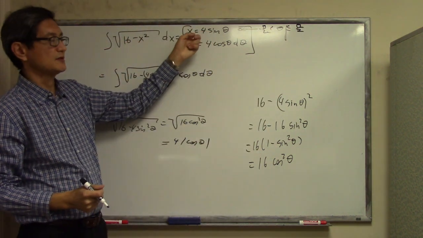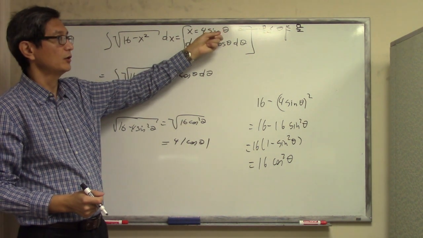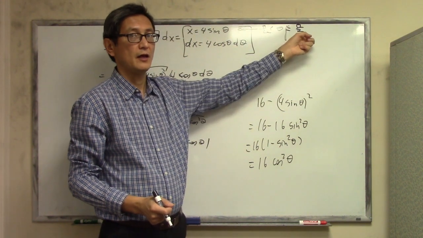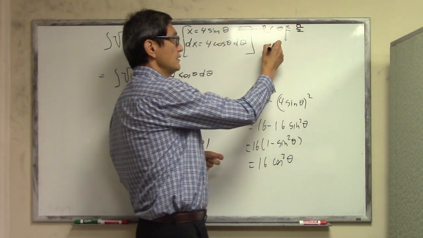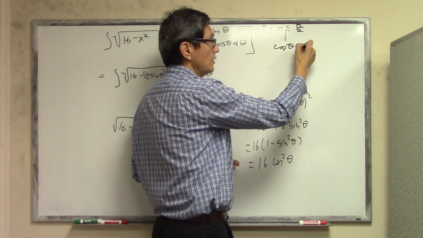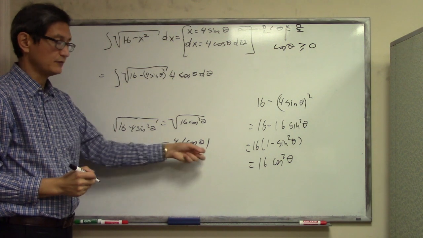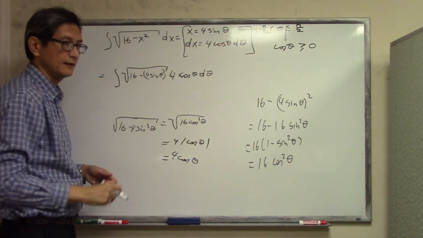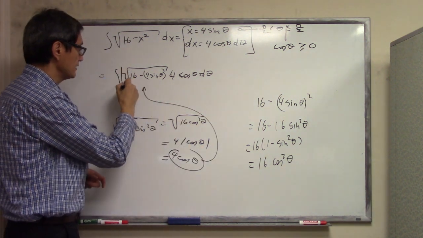That means cosine theta is at least 0, so the absolute value of cosine theta is just cosine theta, and the square root becomes 4 cosine theta.